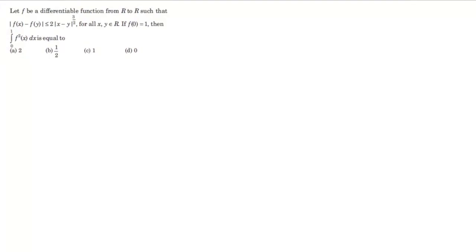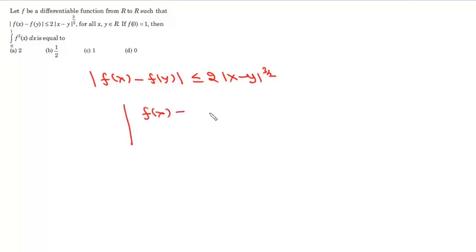Now the question is, we are given this function f(x), which is defined as mod of f(x) minus f(y) is less than or equal to 2 times mod of x minus y to the power 3 by 2. Now we can rearrange this as mod of (f(x) minus f(y)) upon (x minus y) is less than or equal to mod of x minus y to the power 1 by 2.